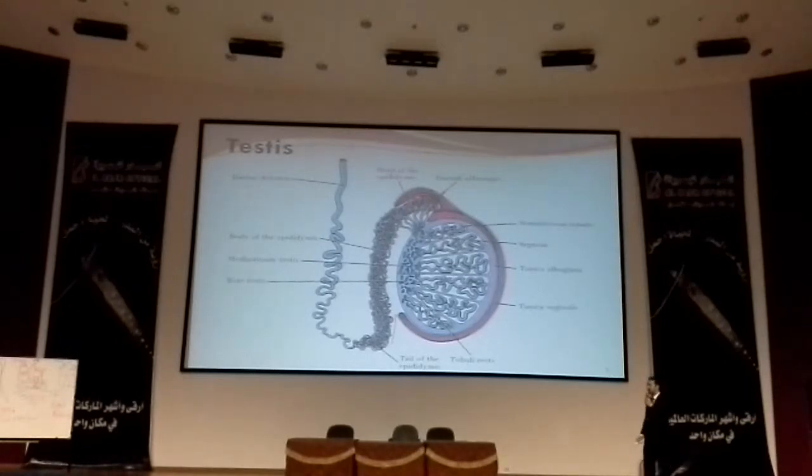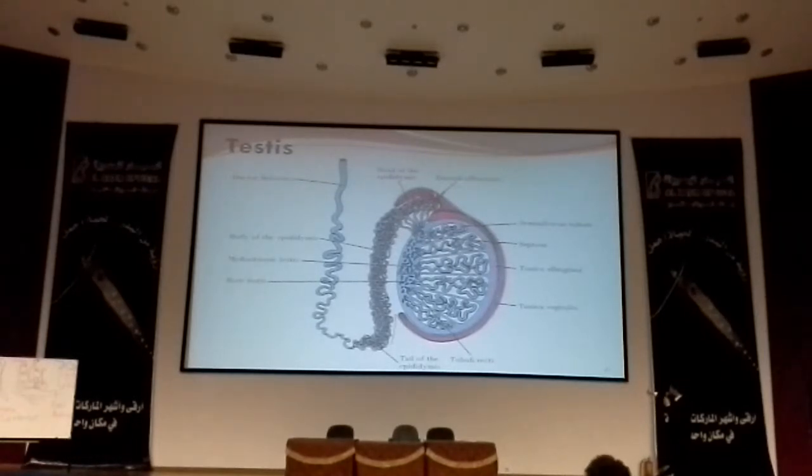Now, as you see, this is encircled with about 8 layers. It starts from here: skin, superficial fascia, that's muscle, spermatic fascia, and the spermatic fascia has 3 layers: external spermatic fascia, the middle one or cremasteric fascia, and internal spermatic fascia, and there is a tunica vaginalis.